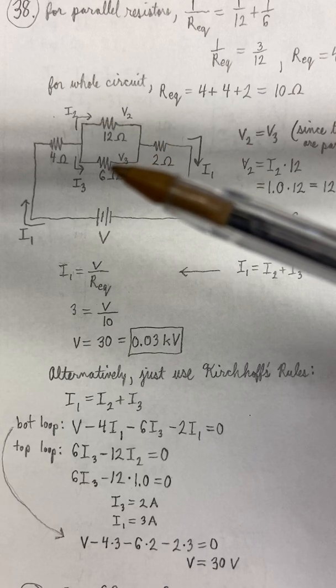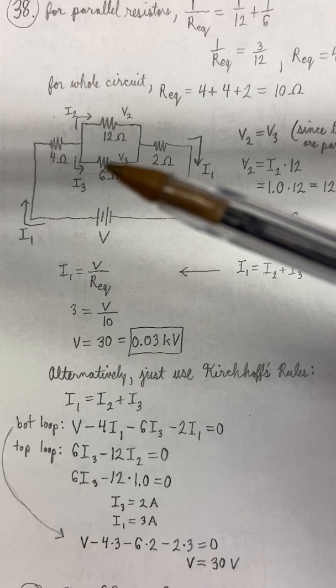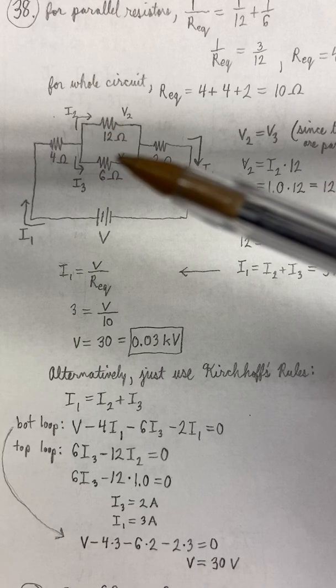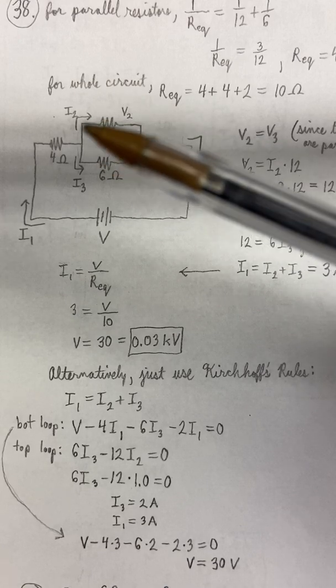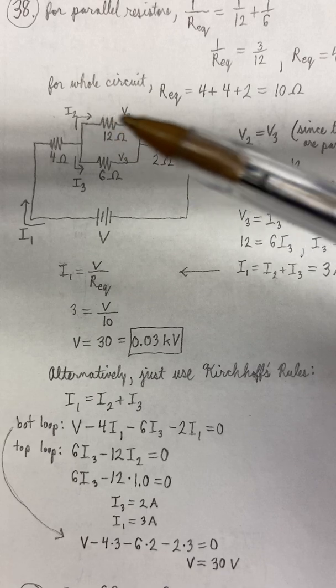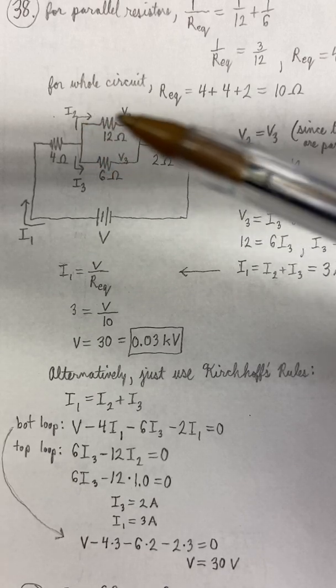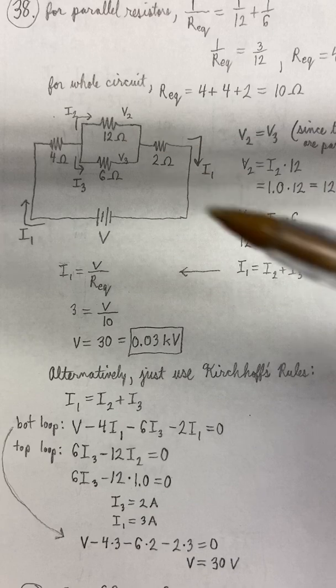When you're dealing with a resistor and your chosen direction does not line up, then that would be a voltage jump. But when your chosen direction does line up with the current, as it does with the 12 ohm resistor, in that case, we have a voltage drop at resistors. And so that's why it's minus 12I2.